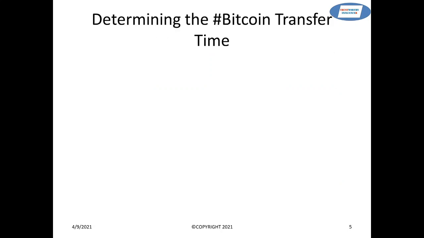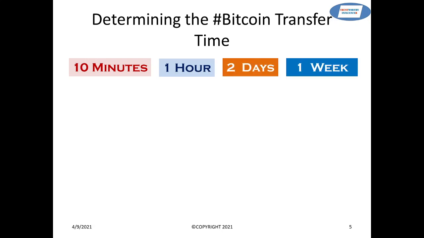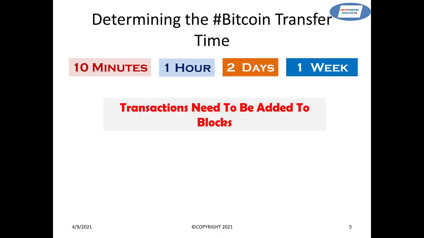Now, how much time does it take to actually transfer a Bitcoin? Well, it takes 10 minutes, it takes an hour, 2 days, a week. Well, there is no straight answer to that. It really depends upon a couple of factors. But you need to understand the transactions need to be added to the block.